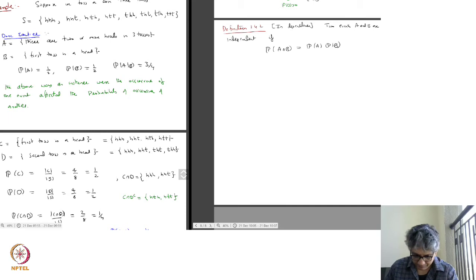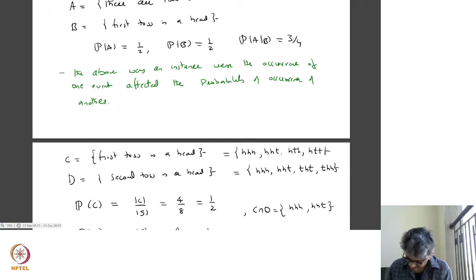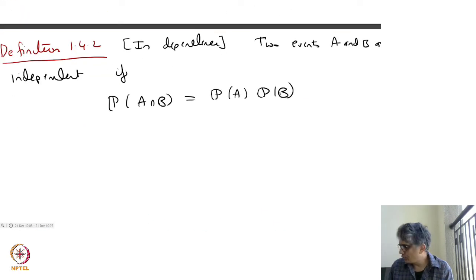Very nice. Now I want to dwell on these equations a little bit. Two events are independent if probability of A and B is the same as probability of A times probability of B. Let's call this a star.